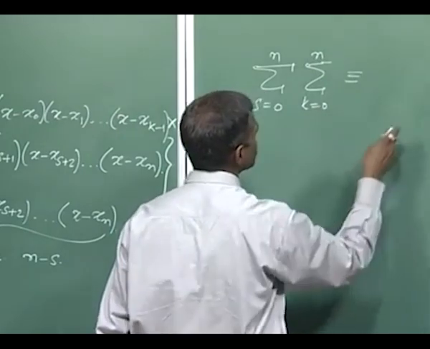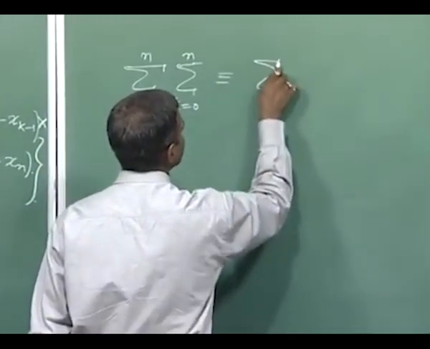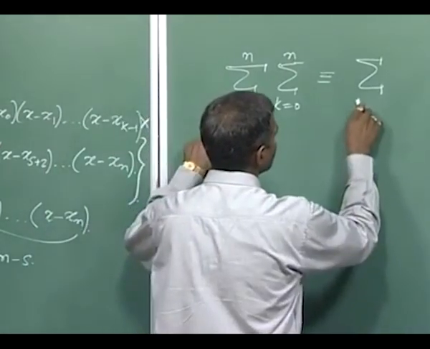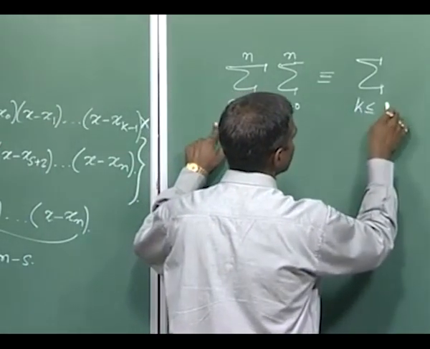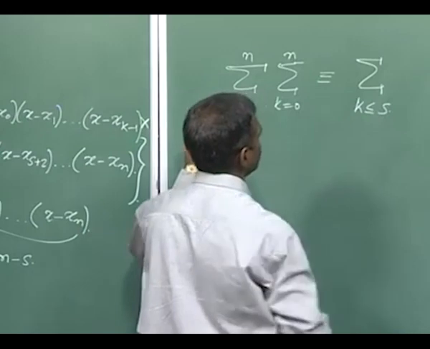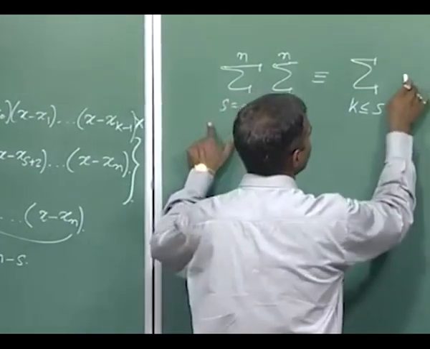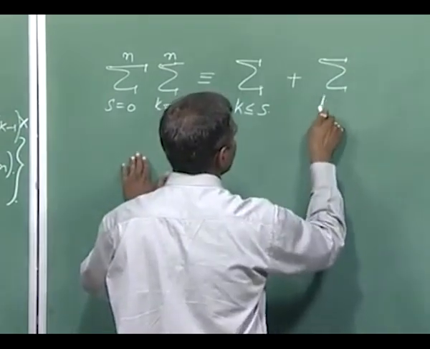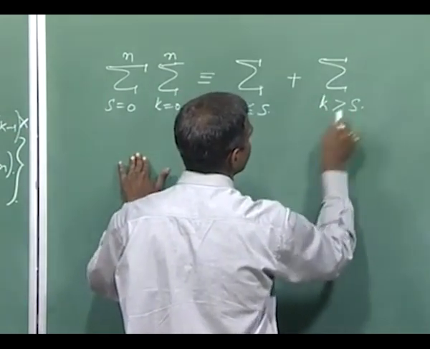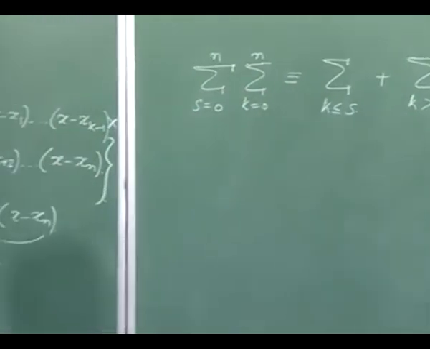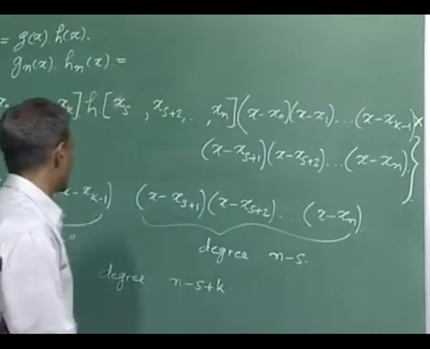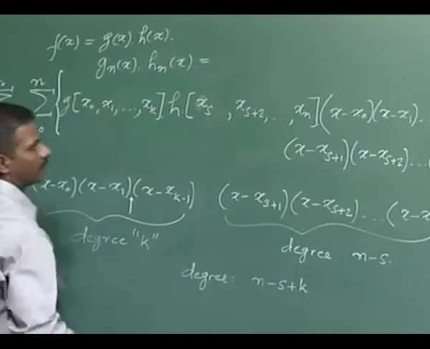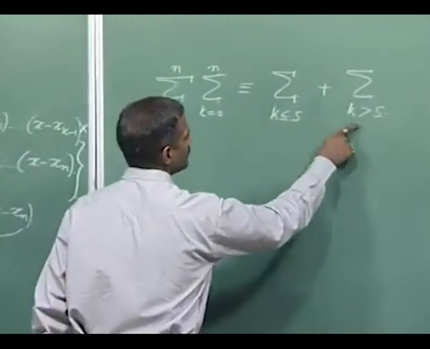Let's try to express this as the summation of all terms for the case when k is smaller than or equal to s, and then summation of all terms for cases when k is greater than s. And let's try to investigate what happens to this particular expression for these two cases.